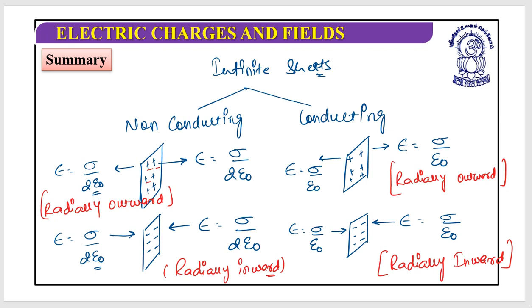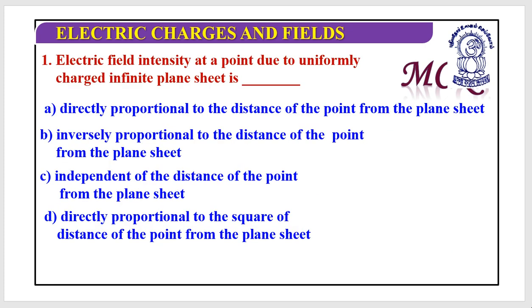So let's check certain questions and numericals. Let's begin. One of the MCQs. Read it carefully. Do it on your own. The data given is the electric field intensity at a point due to a uniformly charged infinite plane sheet.